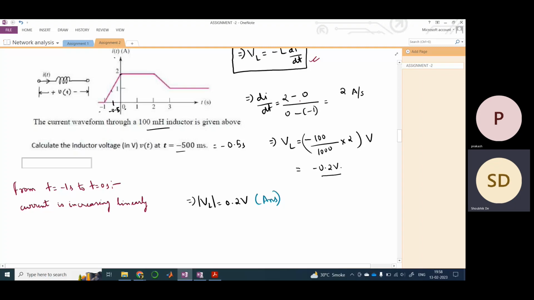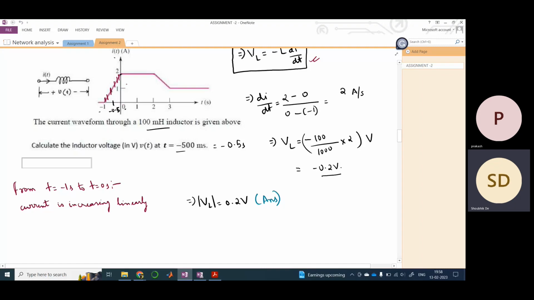If I calculate the slope di/dt at this minus 0.5 second, it would be the same here, and here, and here also, all over the line between minus 1 second to 0 second.